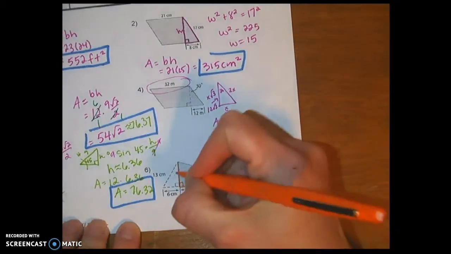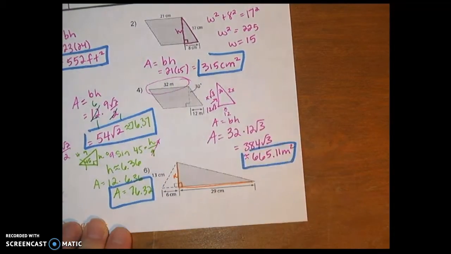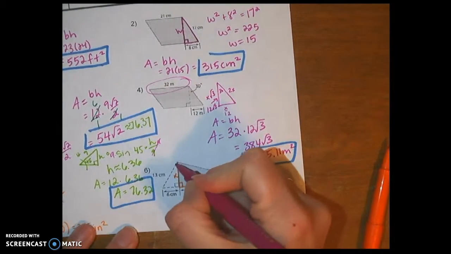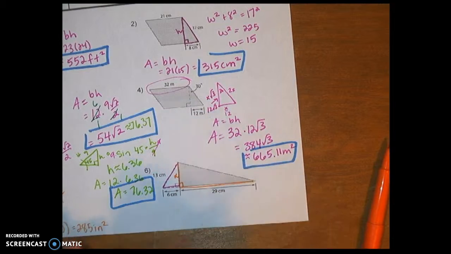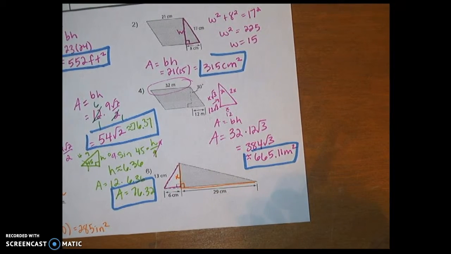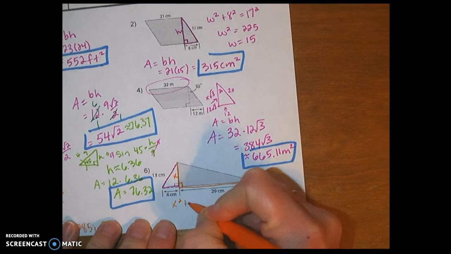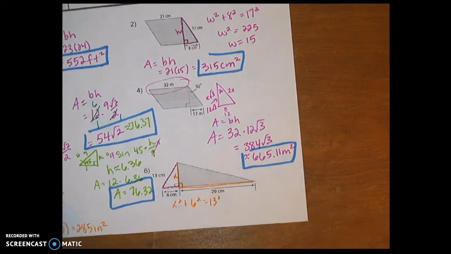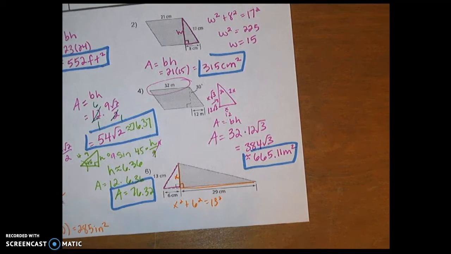What I know is I have to find this length right there. Well, conveniently, I'm given these lengths right here. So I'm going to use the Pythagorean theorem in this particular question. And so in order to do that, I am going to do x squared plus 6 squared equals the hypotenuse, 13 squared.